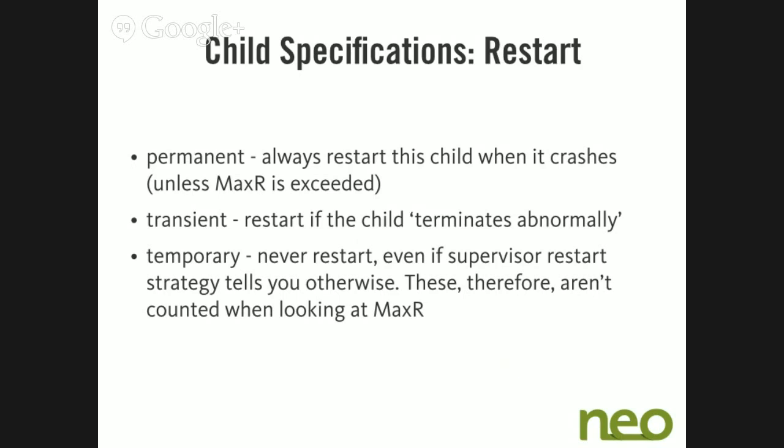There's transient, which means restart as long as the thing dies abnormally. So there's a way you can tell OTP, I want to stop a process, and it's okay that I stopped it. But if it doesn't stop in that way, please restart it for me. And then temporary is, I expect this thing to eventually stop. And even if it stops due to error, don't restart it.